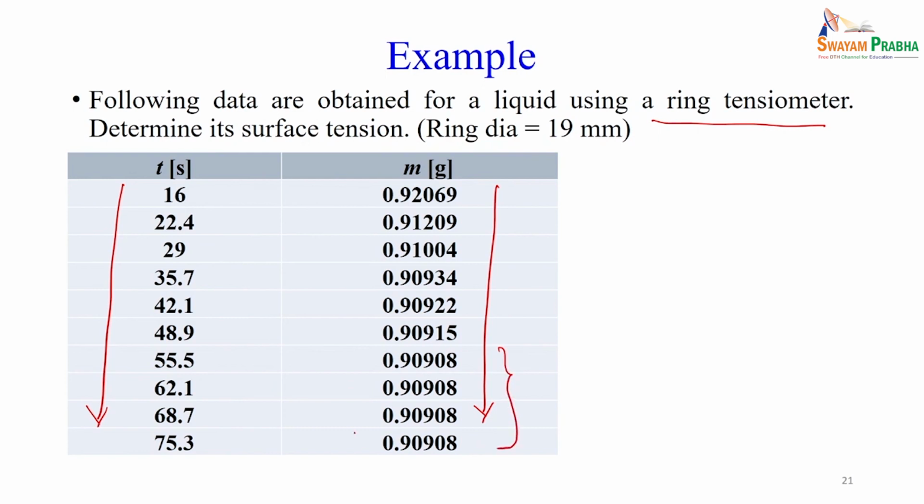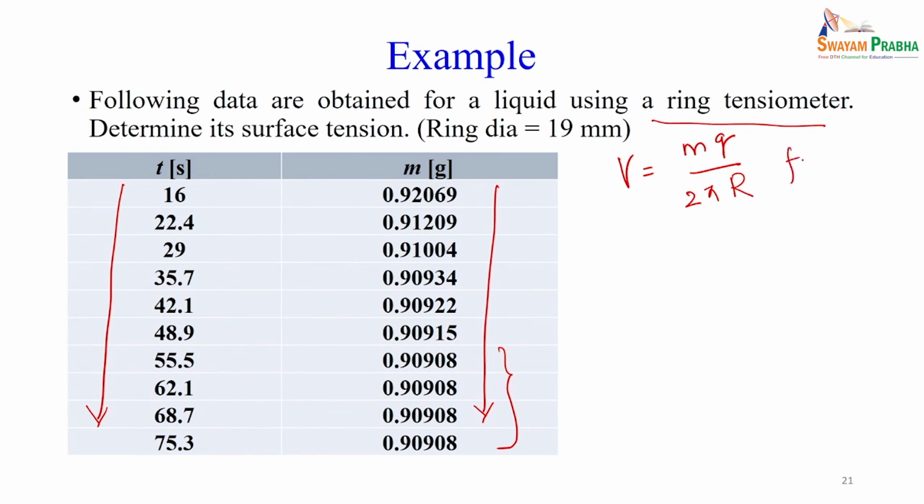So, this particular mass will give you the value of the surface tension of that particular liquid. If you remember how to calculate based on the ring method, the surface tension will be m g upon 2 pi r, where capital R is given.